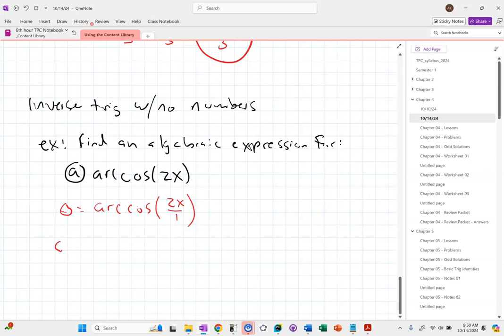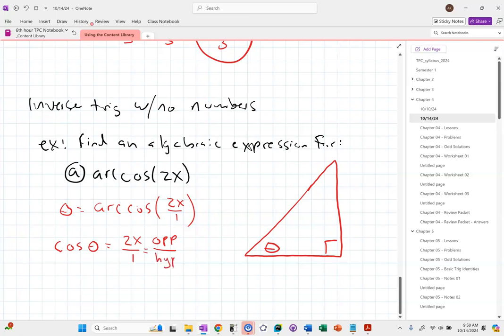So that's equivalent to me saying that cosine of theta should equal 2x over 1, right? So if I have a right triangle with acute angle theta, then the opposite side should be 2x, and the hypotenuse should be 1.